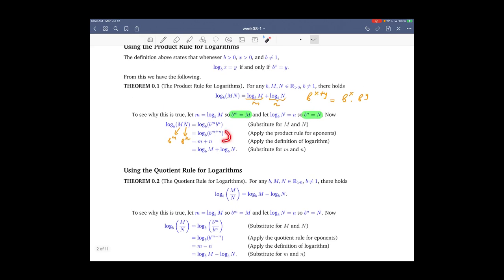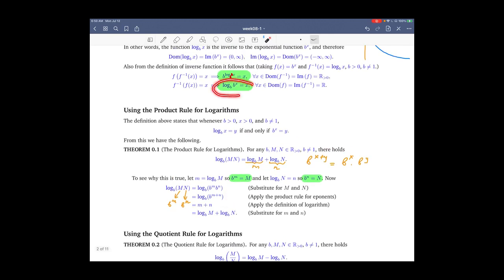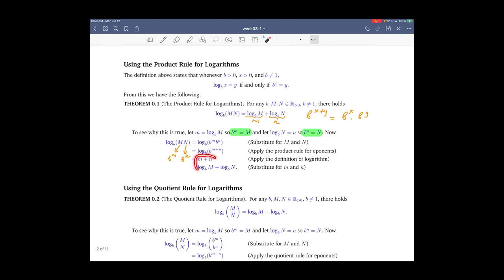To get from line 2 to line 3, I'm using this identity, where instead of x, I have m plus n. And now to get from line 3 to line 4, I simply replace m and n by how they're defined. Little m is log base b of capital M, and little n is log base b of capital N.